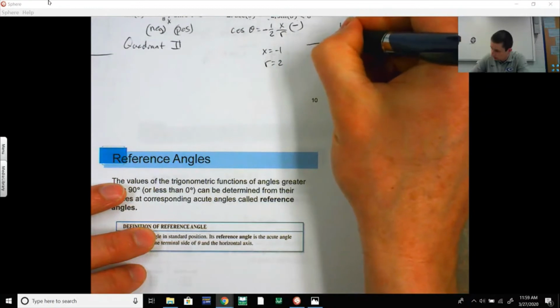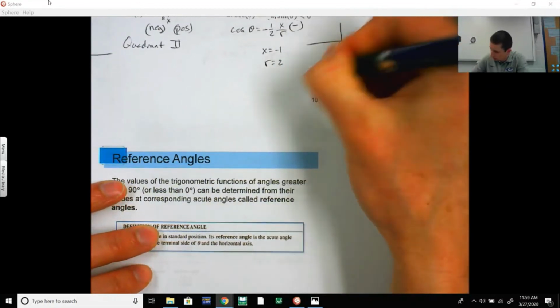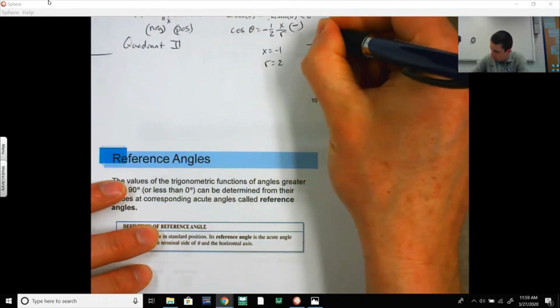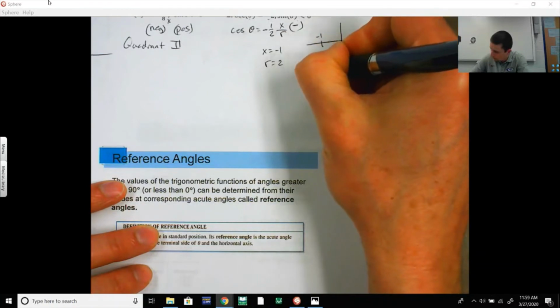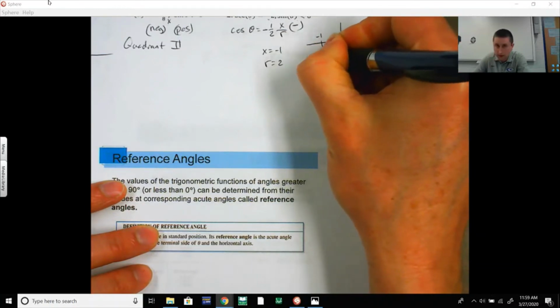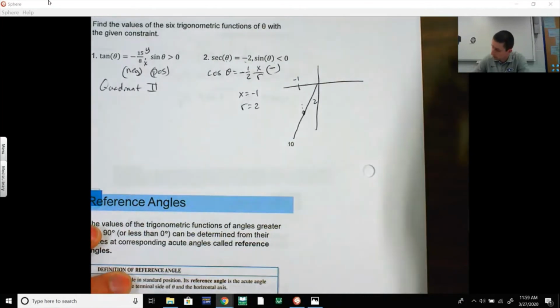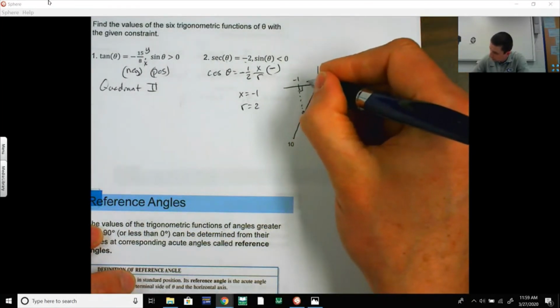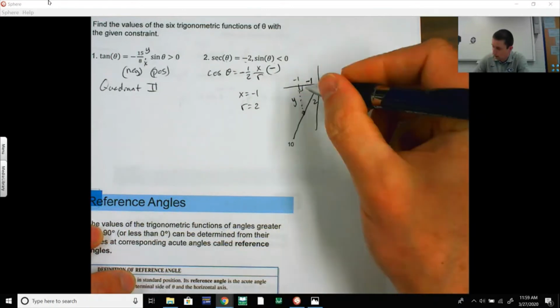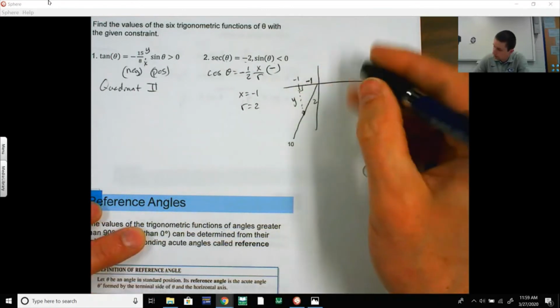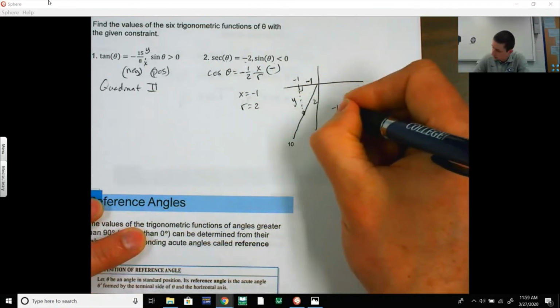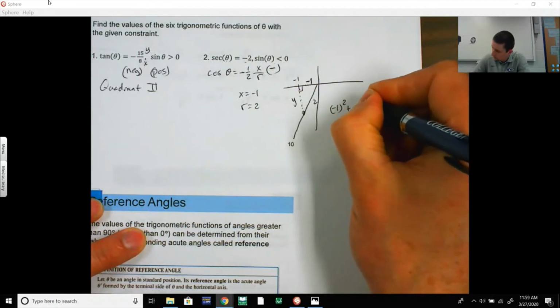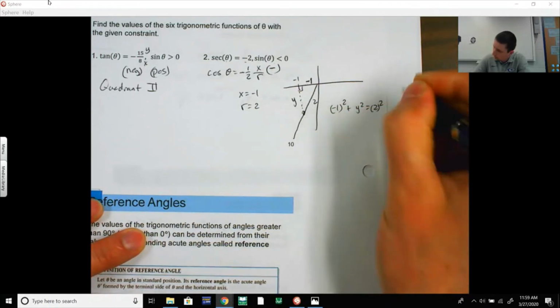So there's -1, and we know that's 2. If you envision a right triangle right here, your x is -1, you don't know what your y is, but you know your hypotenuse is 2. So -1 squared plus y squared has to equal 2 squared.